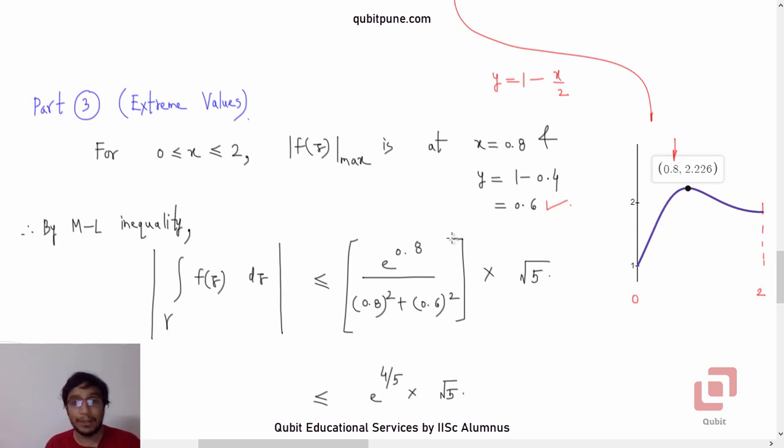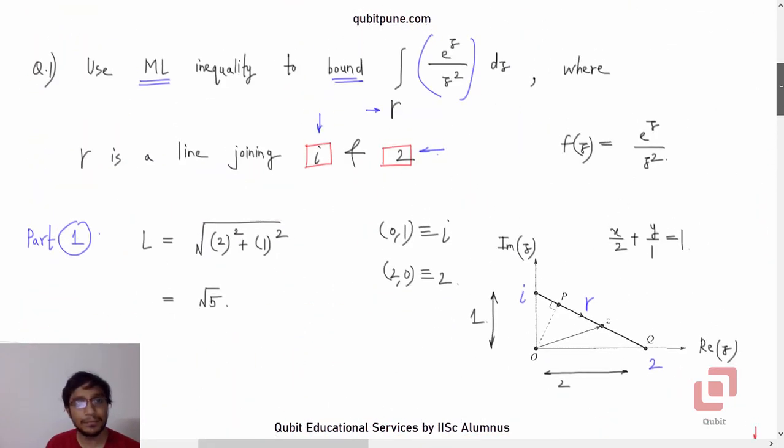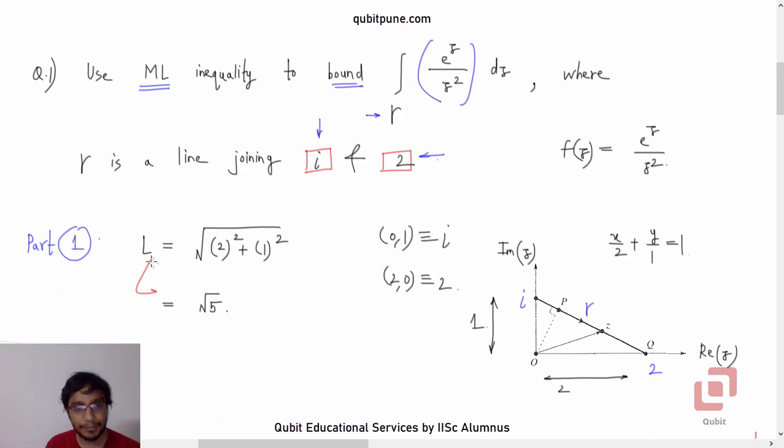And have we found out M now? Yes, we have. e to the power 0.8, or e to the power x, divided by x squared plus y squared, or 0.8 squared plus 0.6 squared, this should be 1, into L, which we found out in part 1 of the problem. Right?